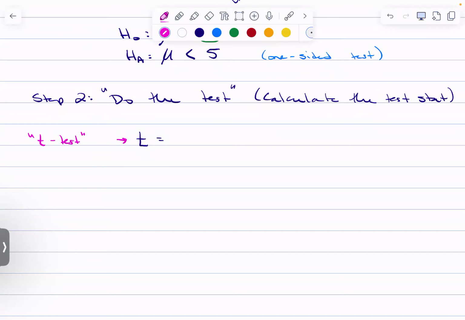It's a hypothesis test about a mean, and you calculate a t as your test statistic. T in this case is x bar minus mu naught. How far is my sample mean from my hypothesized mean, taking into account the spread of s over root n.